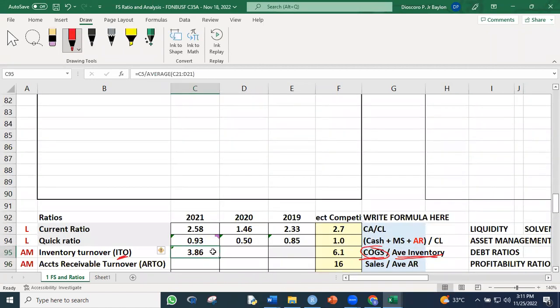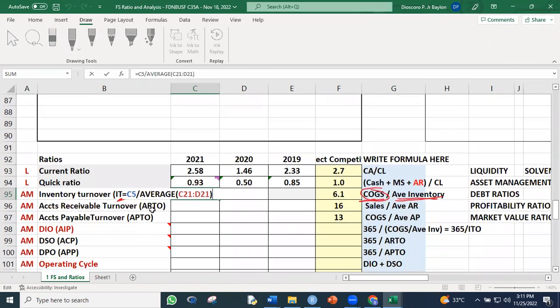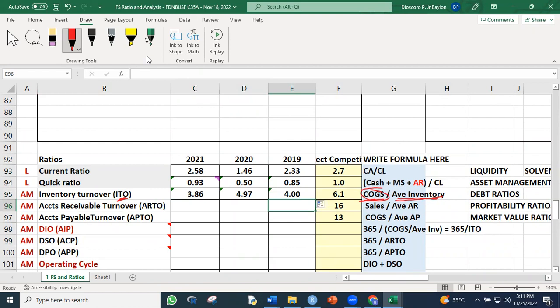All right, so that's the formula for our inventory turnover. You have your cost of goods sold divided by the average of your inventory. Okay, and then we can now copy this to the right. All right, kindly chat please if you were able to get the values for the inventory turnover.